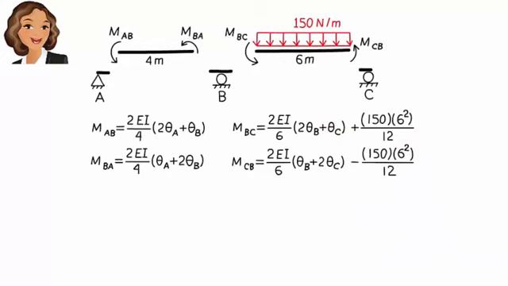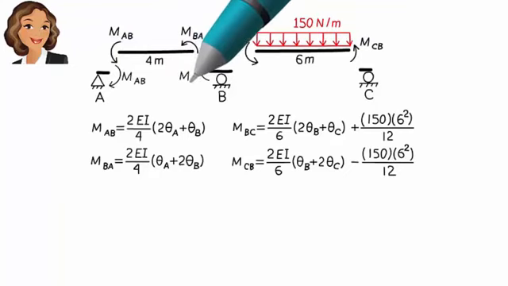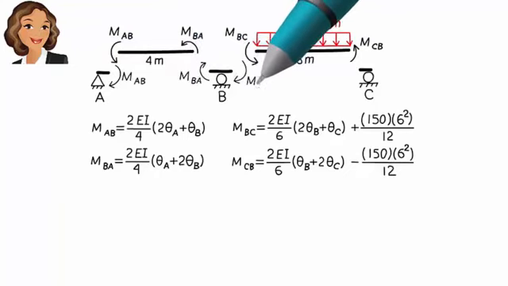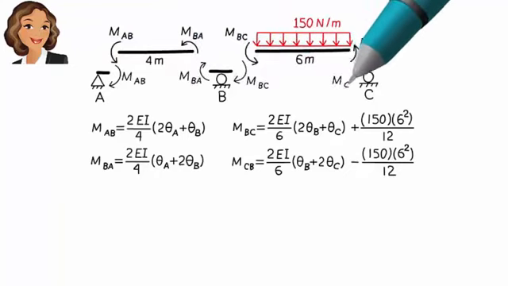Now show the member end moments acting at each joint. Then write the joint equilibrium equations. We have 3 of them.